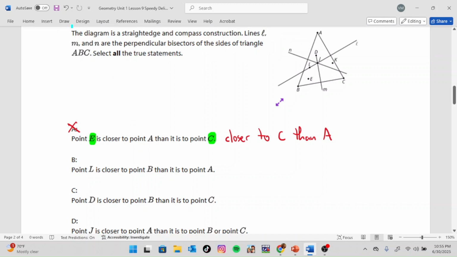Now, let's take a look at B. Point L is closer to point B than it is to point A.